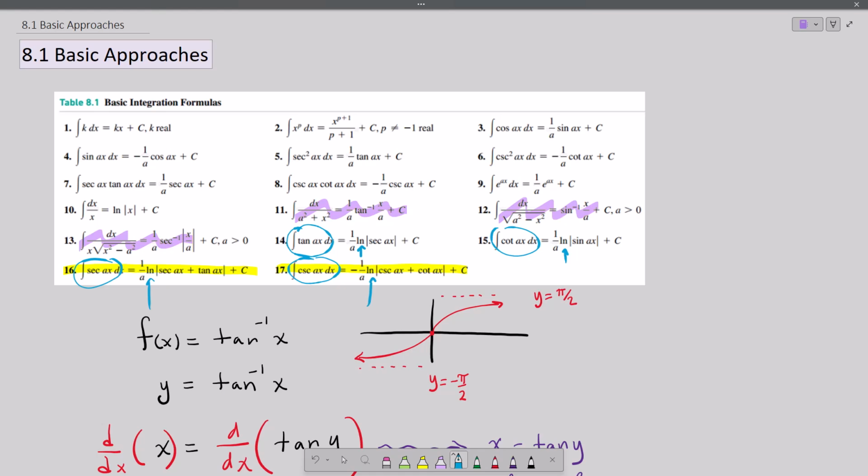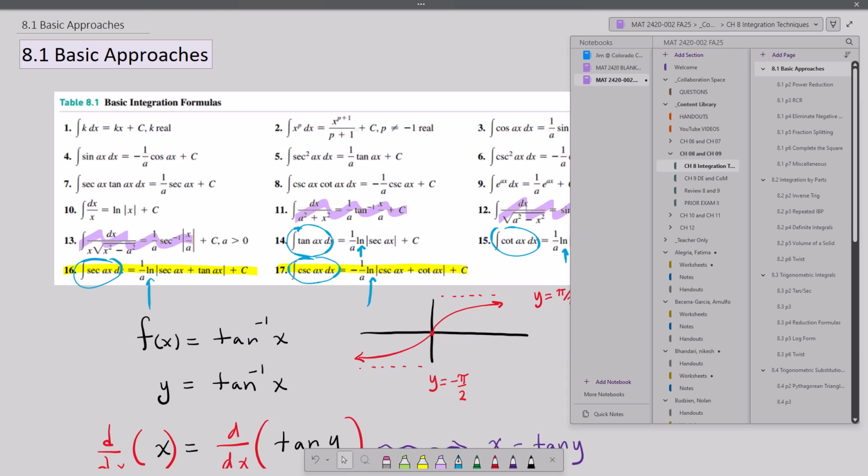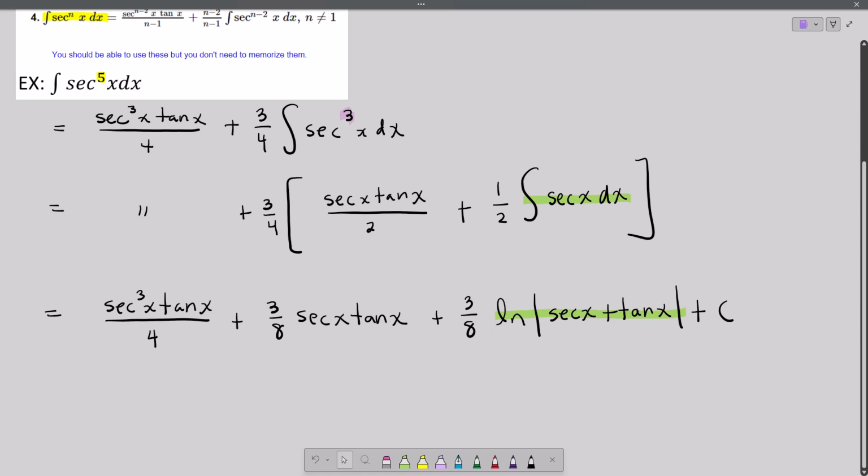There's a sign in there that we have to worry about. But all 4 of the other trig functions are going to integrate to logs. And we're going to investigate why that is very shortly. So we're integrating secant, and we get this natural log of secant plus tangent.